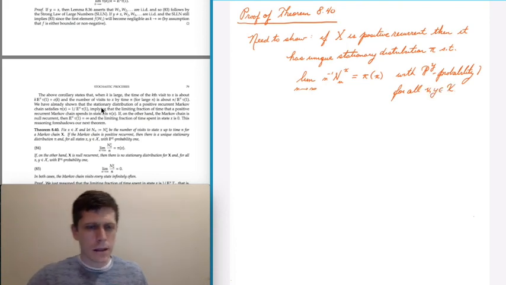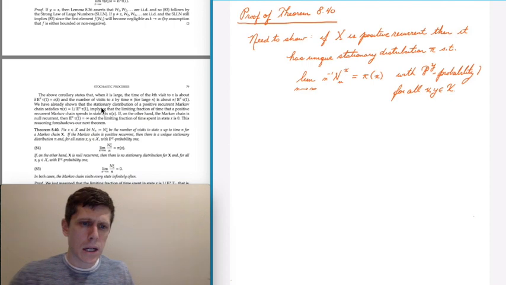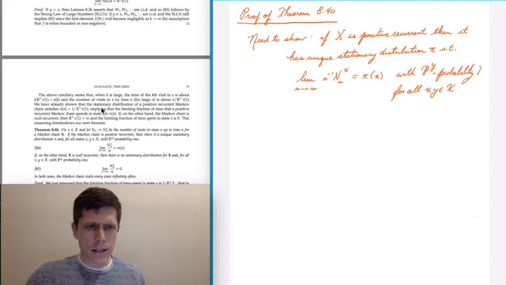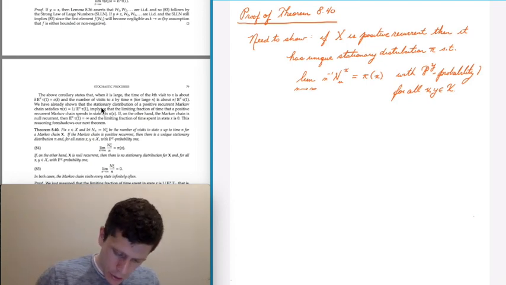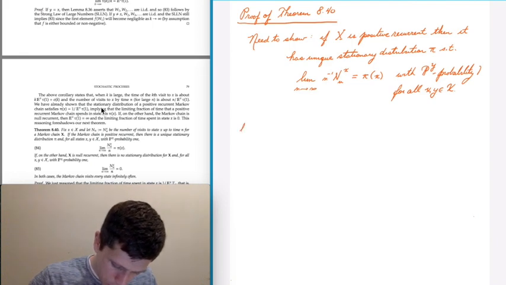And the other statement is that if this chain is null recurrent, then this limit is 0. I won't write that down, and in both cases the chain is going to visit every state infinitely often.